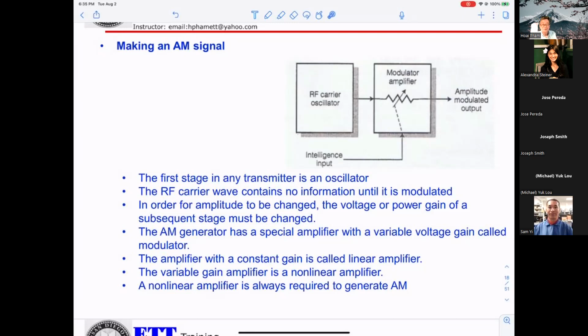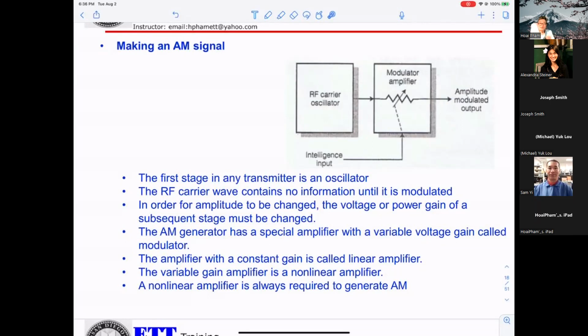Okay, now you see you have two different types of amplifier. One will be linear and another one will be a non-linear amplifier.